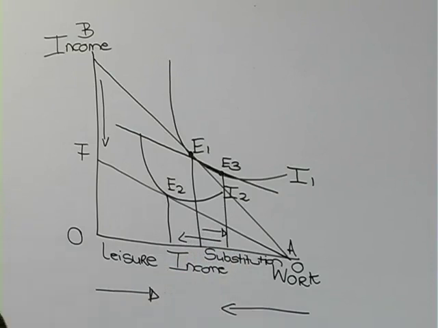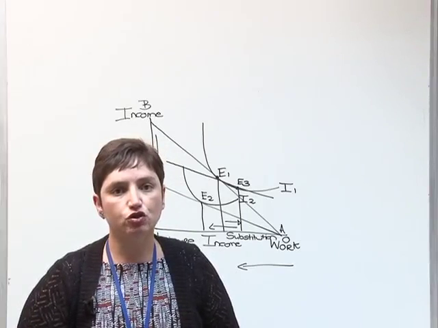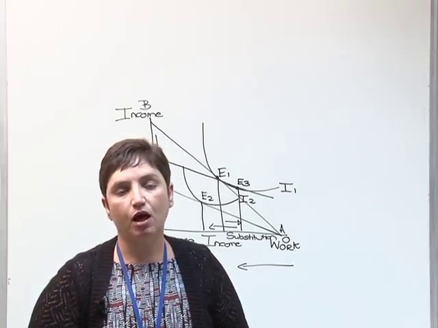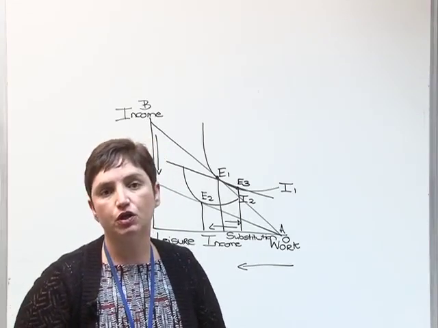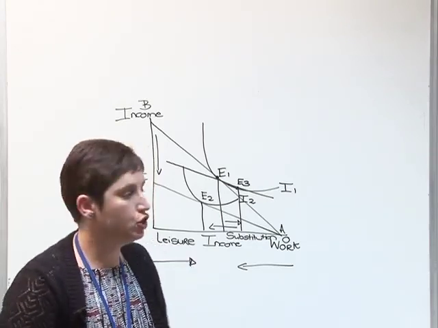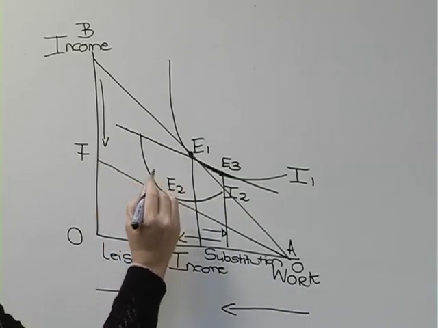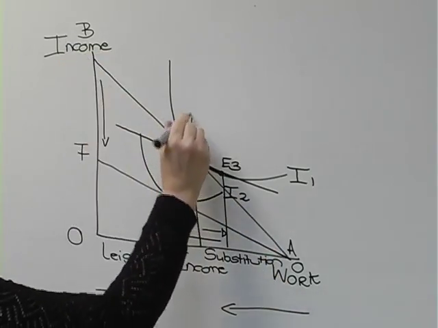I know it's a lot to take in at this stage, but if you try and keep with me, I'll divide it into steps again. We actually asked you to divide it into 3 steps again. Let me just show you. Maybe the first step will be drawing the budget line, 1.